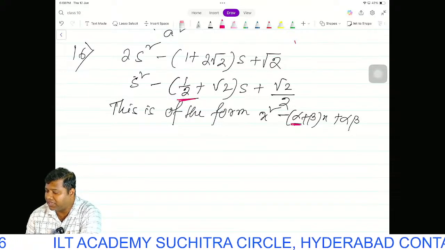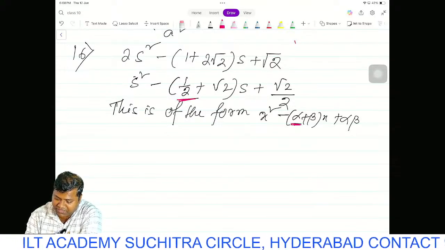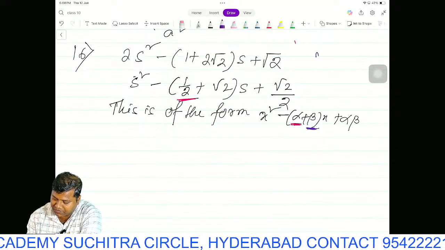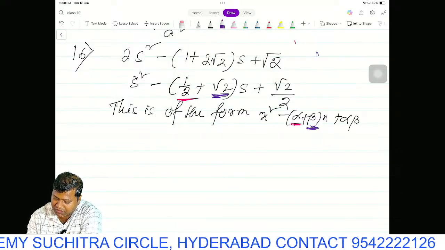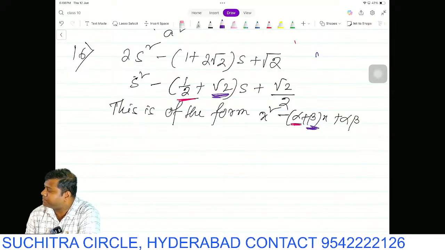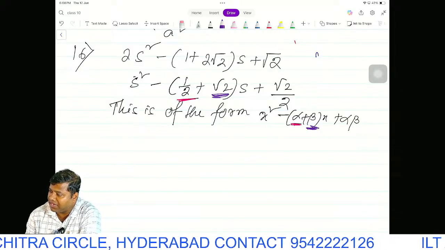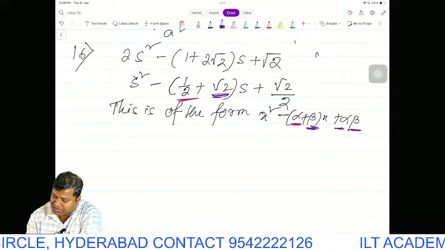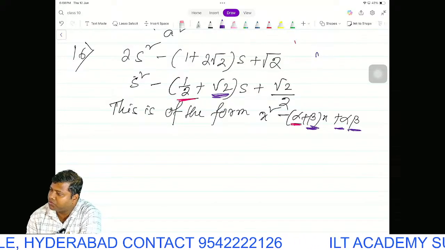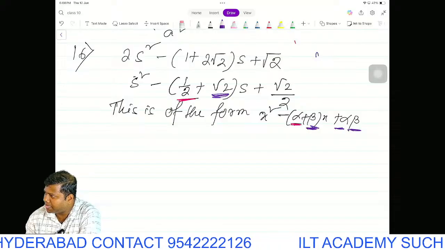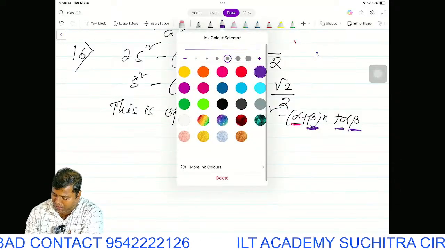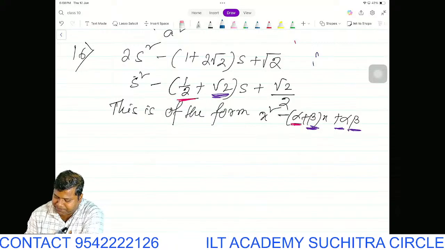Right? Okay, fine. And this beta is root 2, right? And alpha into beta is root 2 into 1 by 2, right? So what are the zeros?